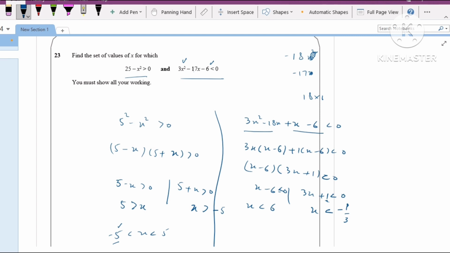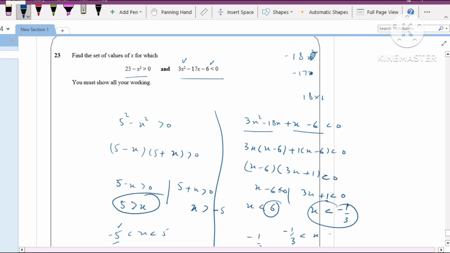So we will start from this minus 1 over 3 until less than 6, or less than 5. Those numbers which are less than 5 must be less than 6. We will consider this value. We can take the example of a graph, but right now it's okay.